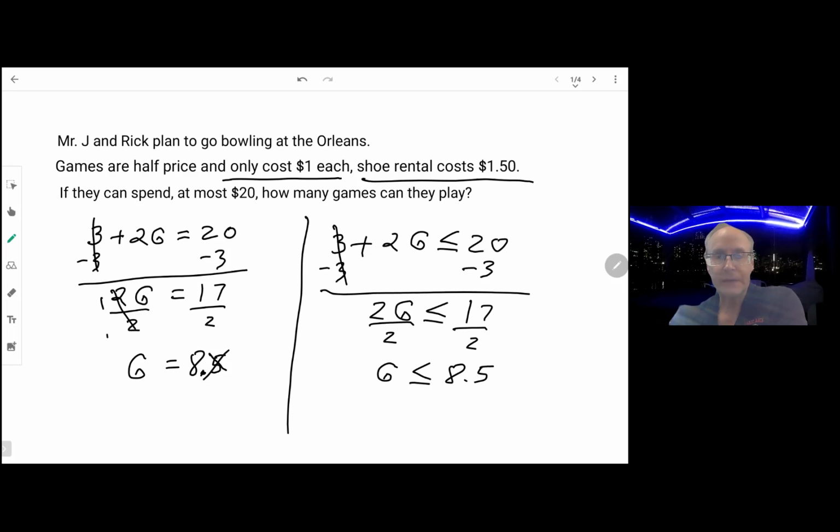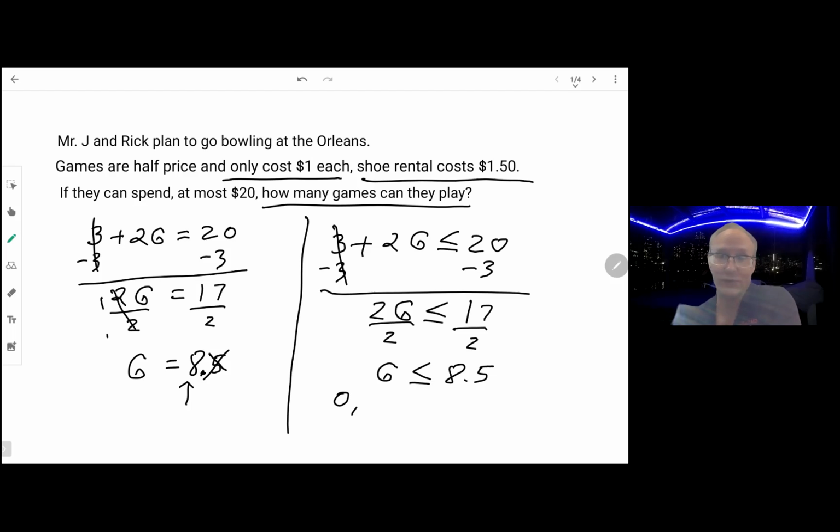Now, if I'm truly asking what is the most number of games they can play, the answer would be 8 games, either way. 8 is the largest number of games that is less than or equal to 8.5. But this inequality says that it could be less than or equal to 8 games. So they could play 0 games, of course, and pay for the shoes.